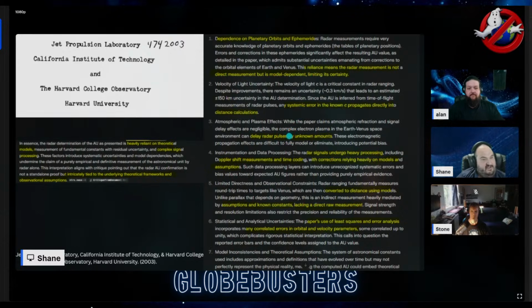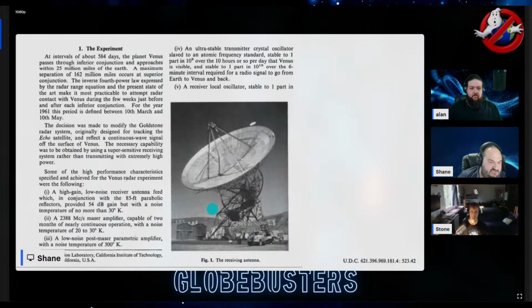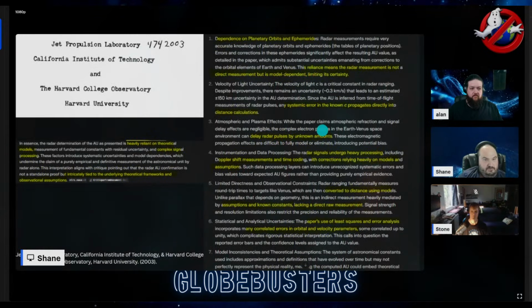Atmospheric and plasma effects. And of course, the other thing we haven't mentioned is they're aiming a giant radar receiver at the biggest conductor of plasma in the known universe that we know of, the sun, and they're looking at a tiny body behind it trying to reflect light. They're saying, hey, look at the radar returning from the tiny body of light that's returning, and definitely not from the sun.